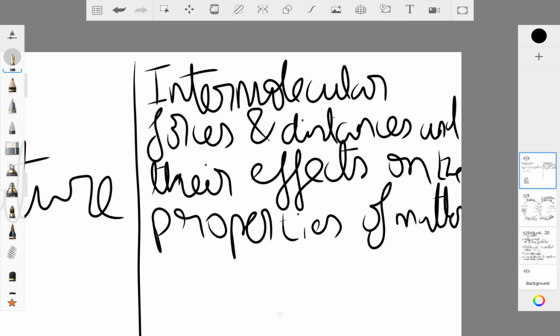So, for example, the reason that gases are able to move randomly and unlimitedly is because they have really weak intermolecular forces of attraction. And really, I just wanted to emphasize the fact that the changes in the intermolecular forces of attraction between the particles in matter, and thus causing a change in the distance between particles, is what creates differences in the properties between the different states of matter. That's a mouthful, but it's something that I just wanted to point out.